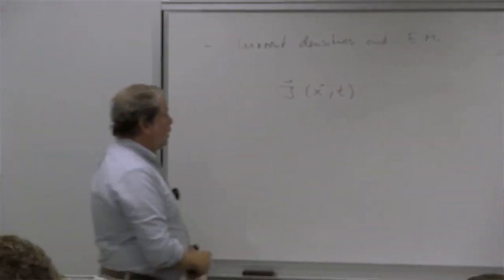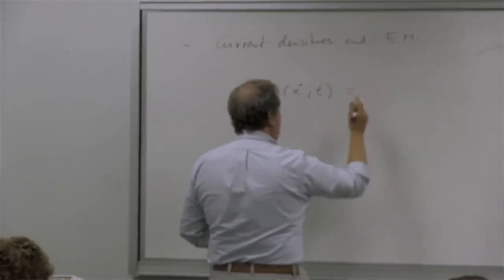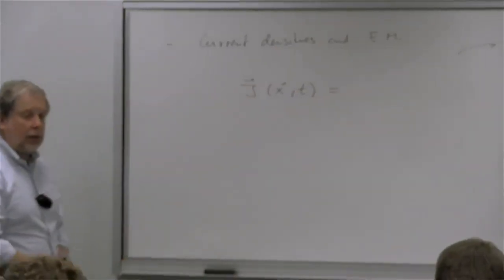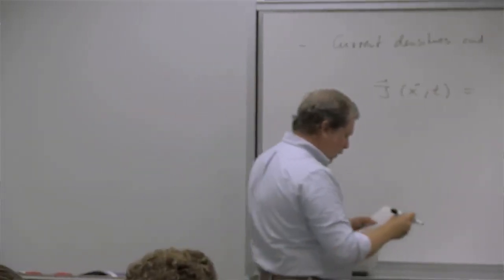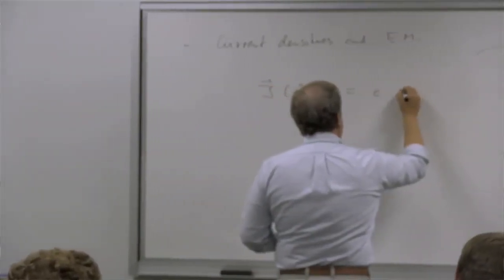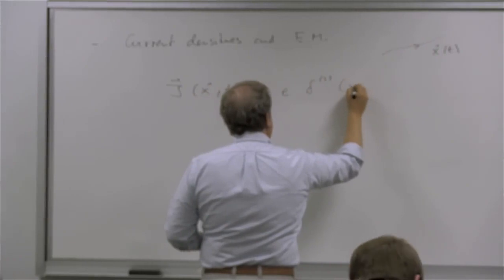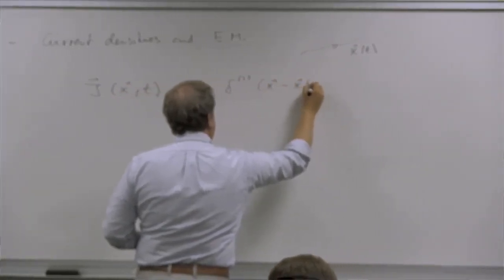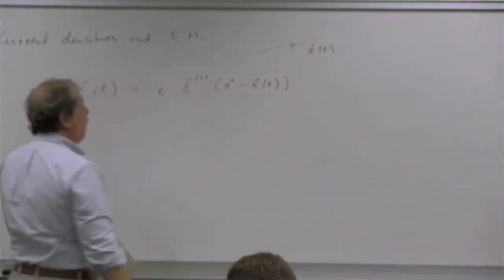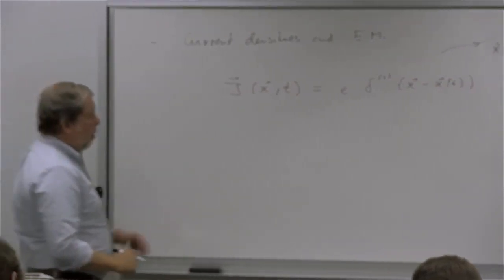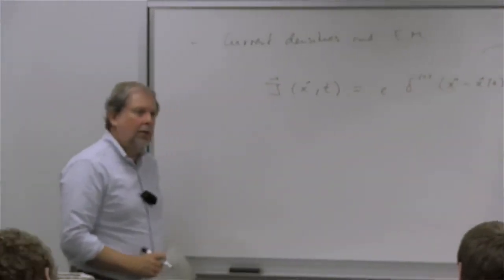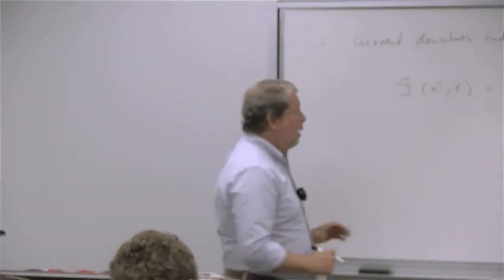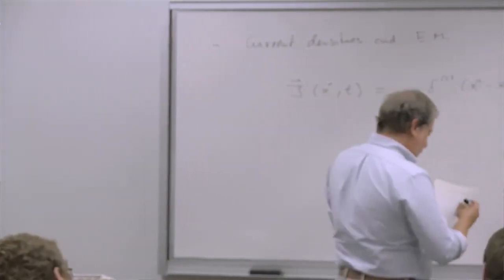And the current density, J of x, t, is the charge times velocity, except here we're talking about the density, so there has to be a delta function somewhere. So it is e times delta 3 of x minus x of t. And so this current density is non-zero only along the path followed by the particle. And then times, of course, the velocity.